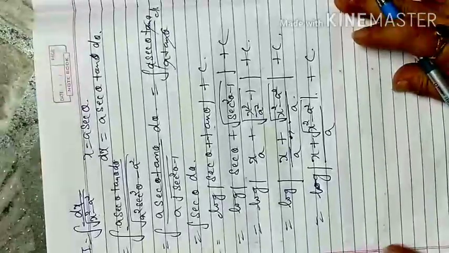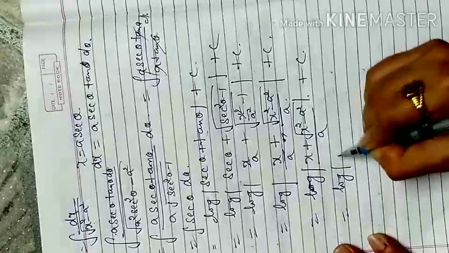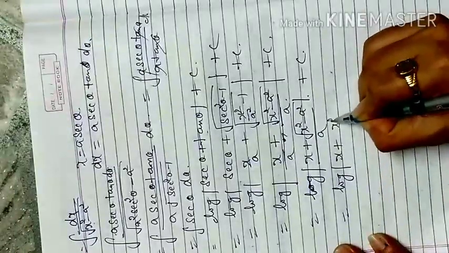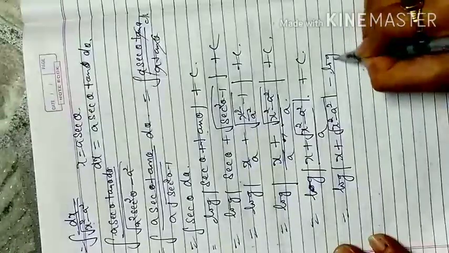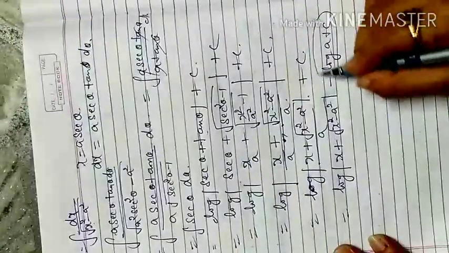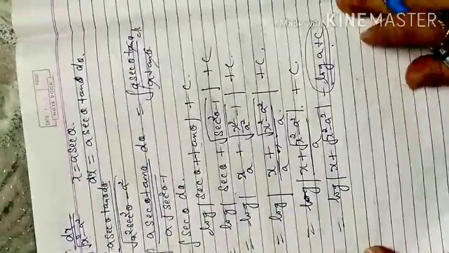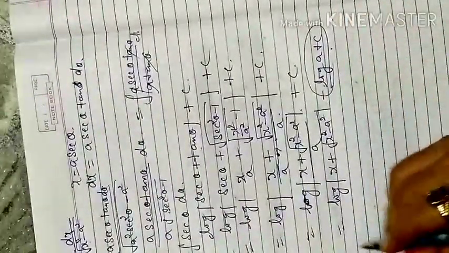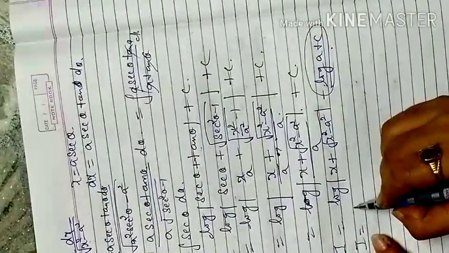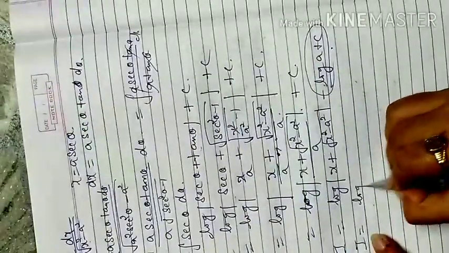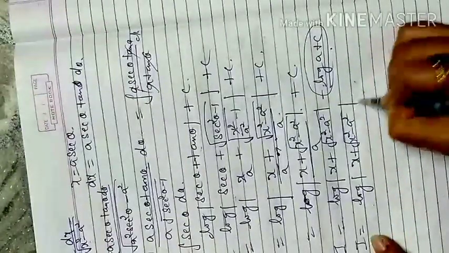Then I can open again with the log m upon n formula, log m minus log n, log of x plus square root of x square minus a square minus log a plus c. That constant term where we have no variable merges up with our constant term. So my required formula for integration of 1 upon root x square minus a square is log of x plus square root of x square minus a square plus c.